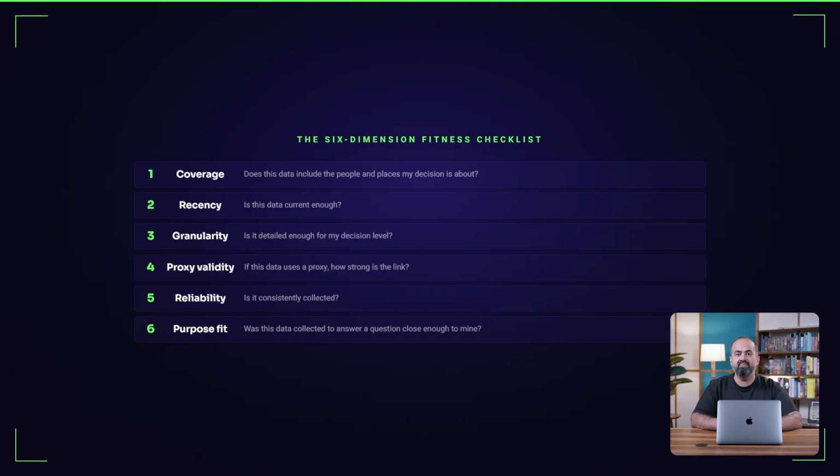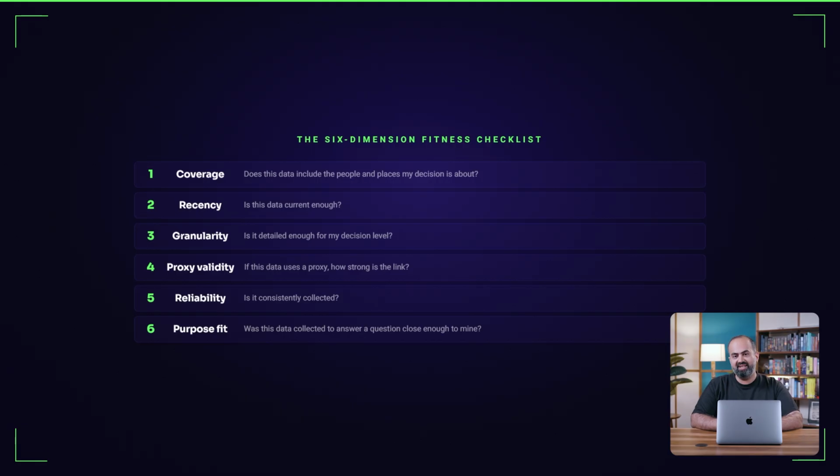Granularity asks, is it detailed enough for my decision level? Proxy validity asks, if this data uses a proxy, how strong is the link? Reliability asks, is it consistently collected? And purpose fit asks, was this data collected to answer a question close enough to mine?